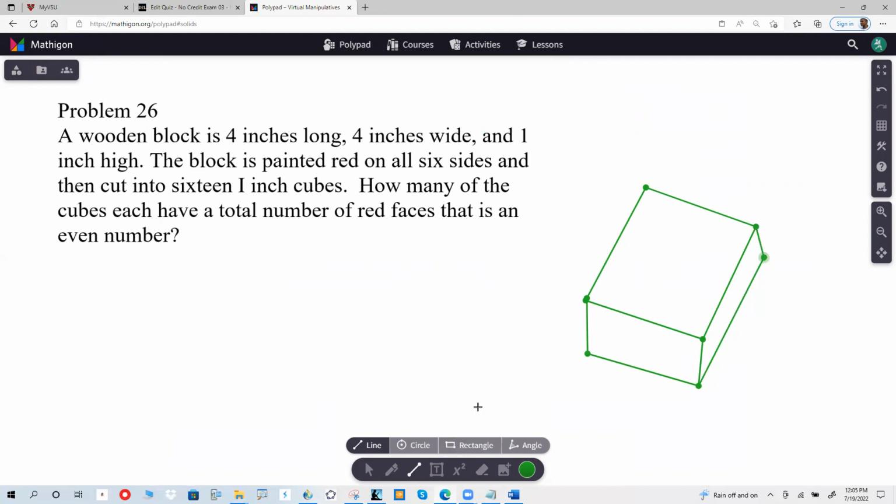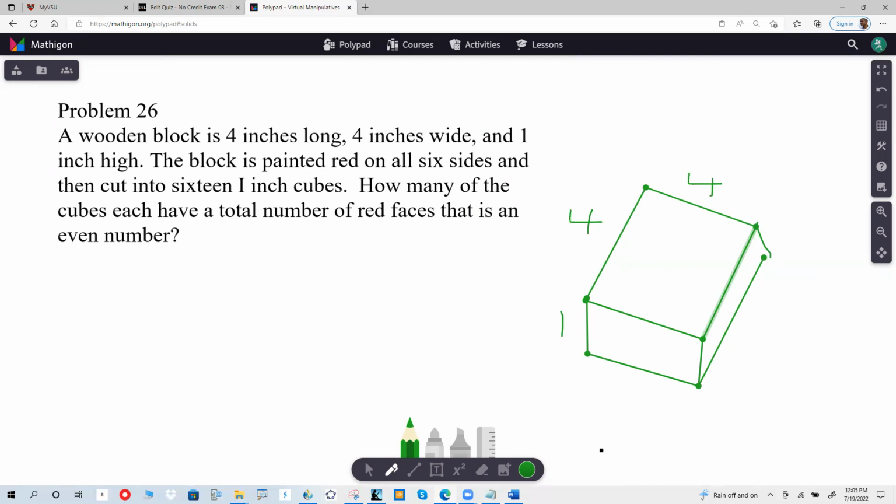Okay, it's not perfect, but we'll have to make do. This is 4, this is 4, this is 1.